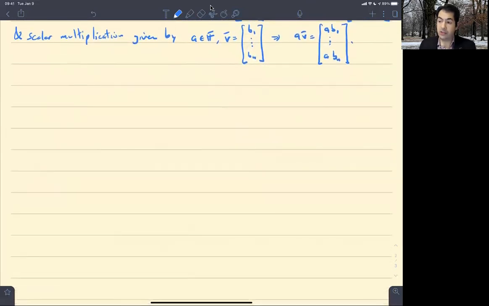Another thing I want to mention is that the linear combinations and the span of vectors that we've talked about for Rn carry over for arbitrary vector spaces.